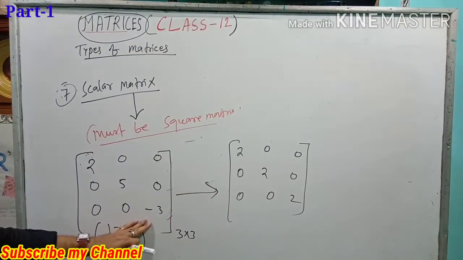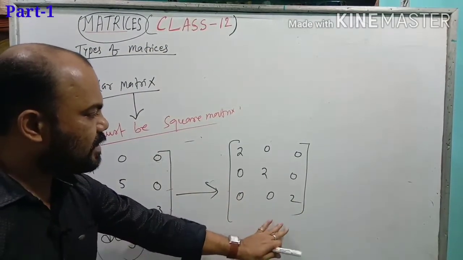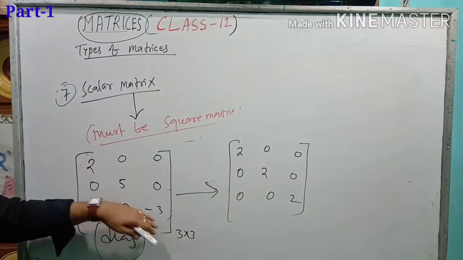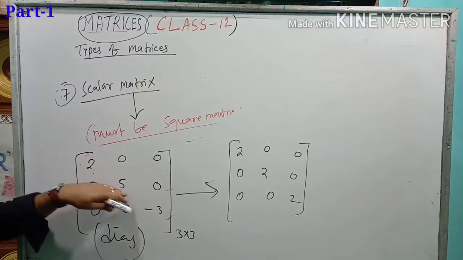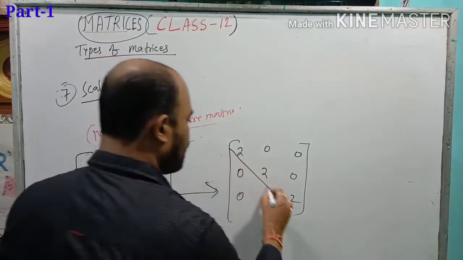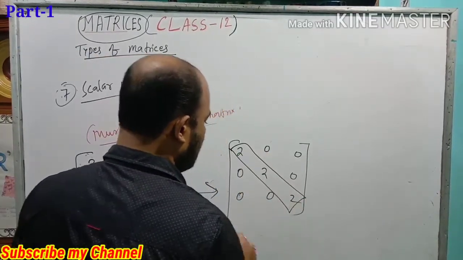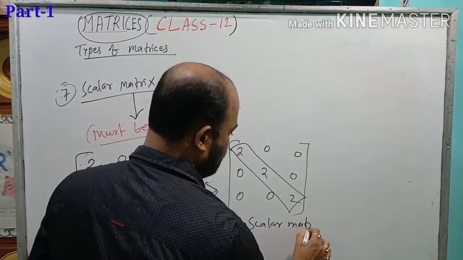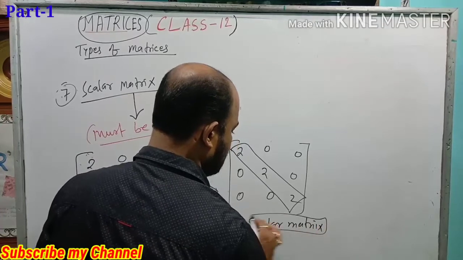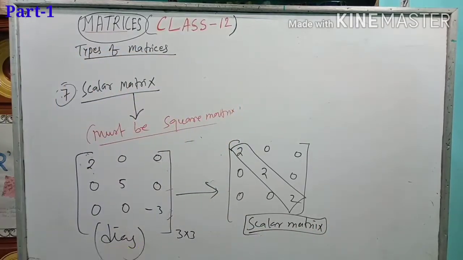It is also a diagonal matrix, but the difference is that in the first, all the diagonal elements are non-zero but not equal, they are different. Here all the diagonal elements are equal. This is a scalar matrix.